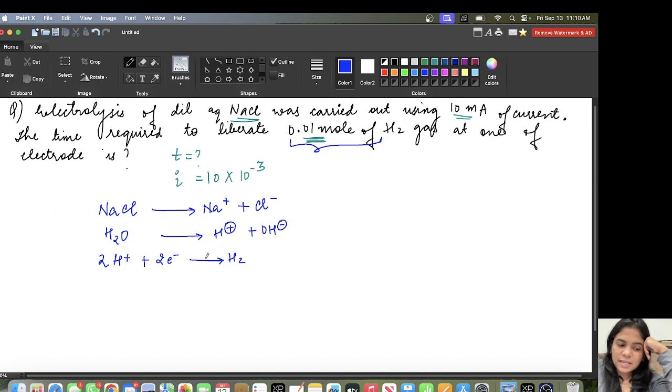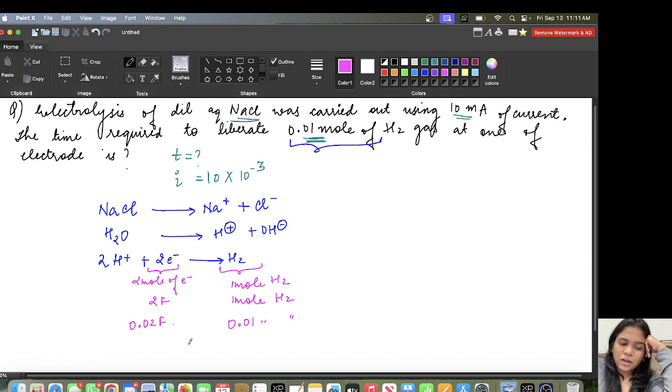Now just take this reaction. In this reaction, 2 moles of electrons give you 1 mole of H2. This means 2 Faraday gives you 1 mole of H2. How many moles of H2 do we want? 0.01 mole. So 0.01 mole of H2 will need 0.02 Faraday.